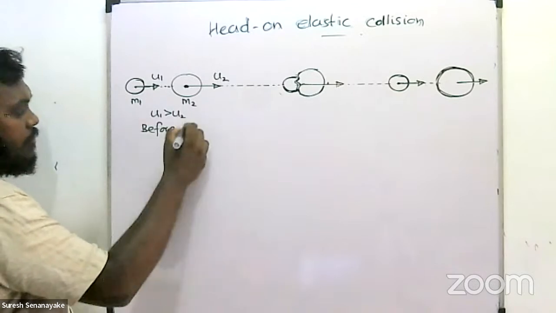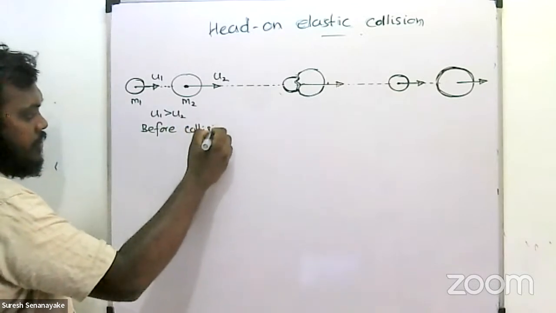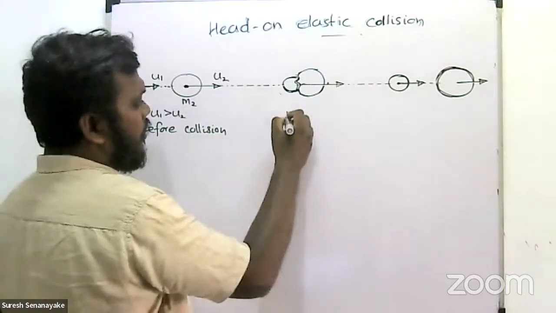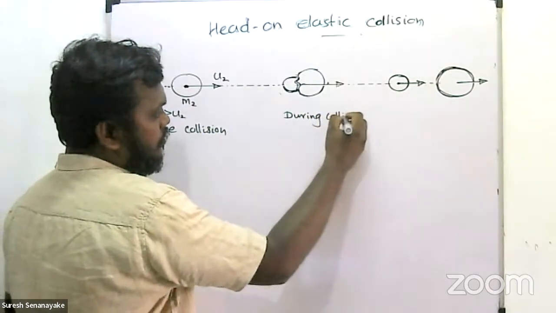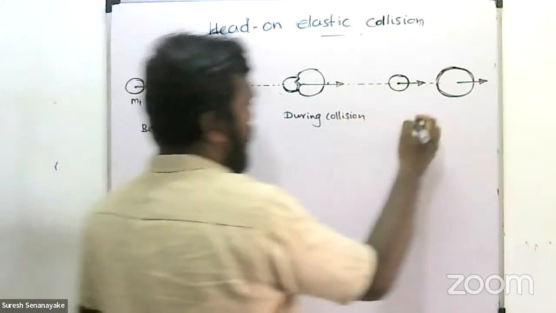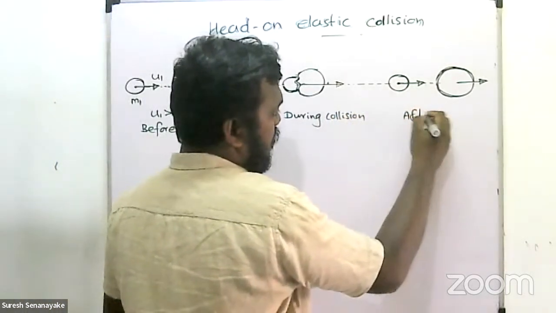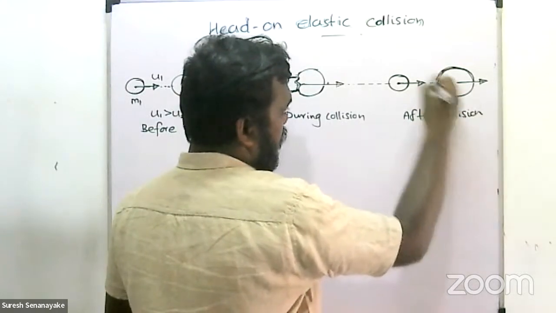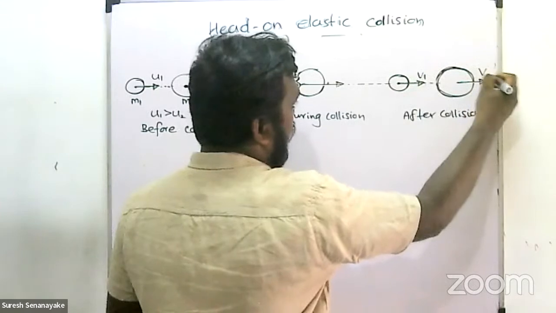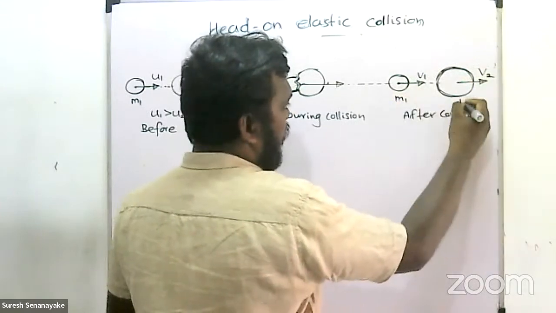Then draw this diagram. This is before collision, this is during collision, this is after collision. So here it is v1 and v2, and the masses are m1 and m2.